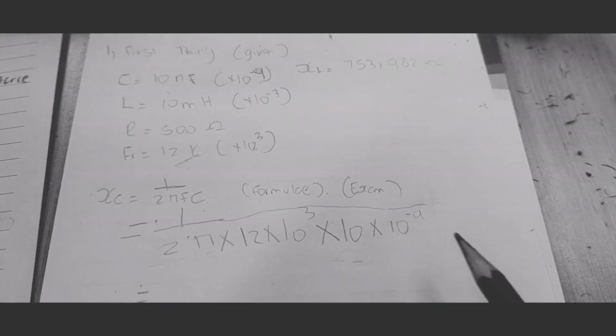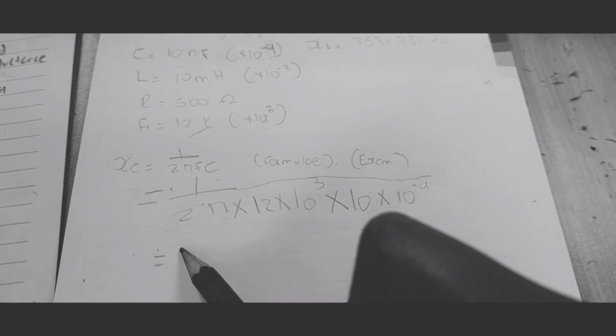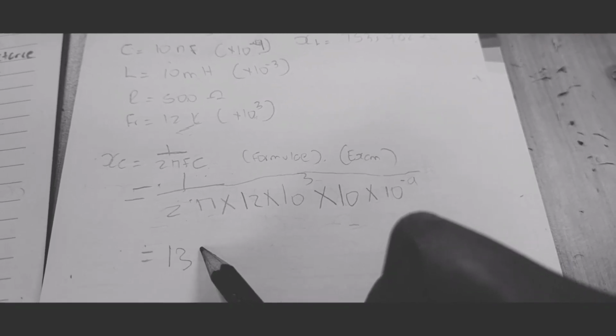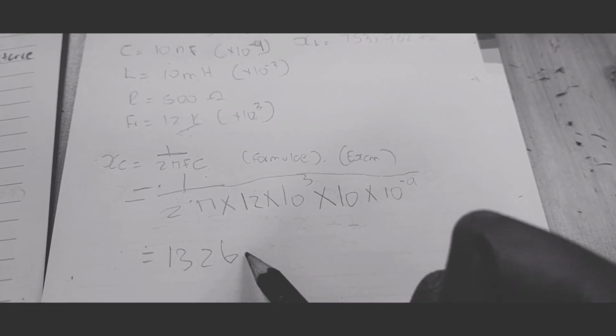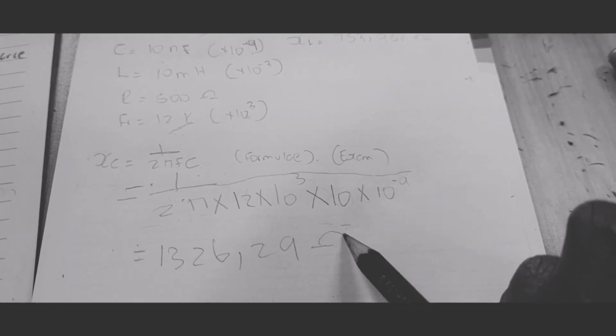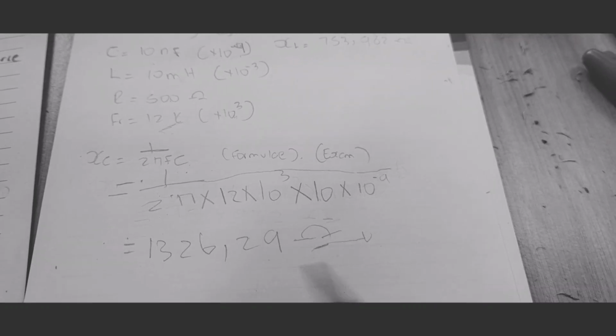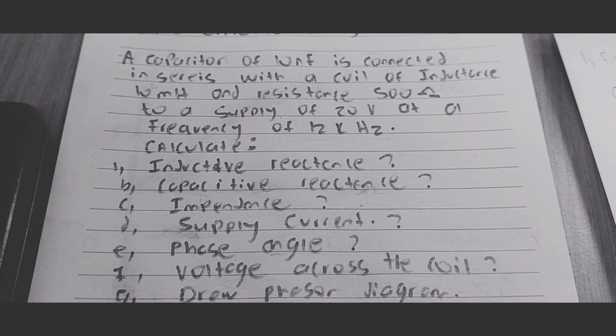It's u which stands for 6. So guys, please fix it there and make it to the negative 9. So I found my answer to be 1326.29 ohm. Remember, it's a reactance, so it's measured in ohm.